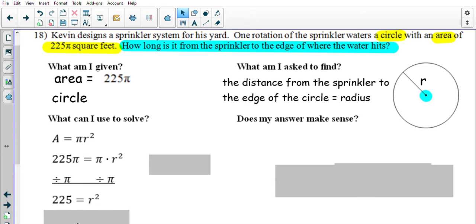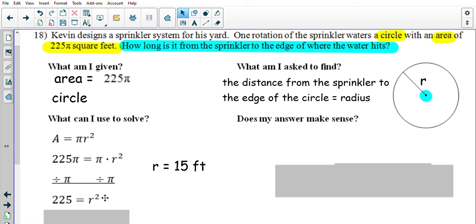Do you know what number, when you multiply it by itself, is going to get you 225? Maybe you figured it out, maybe you haven't. It should be 15 feet. So if I take 15 times 15, that's going to get me 225. Again, you might not know that. There is a way to figure this out involving square roots, but we're not going to go to that extent at this point. But it's going to be 15, since 15 times 15 gets us 225.